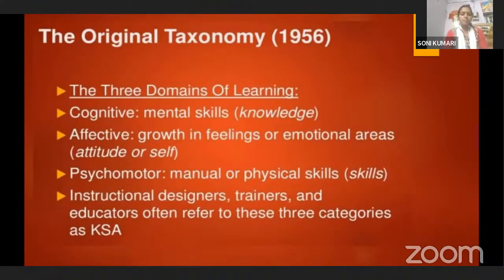Affective means growth in feelings or the emotional area, attitude or self. Psychomotor means manual or physical skills. Instructional designers, trainers, and educators often refer to these three categories as KSA. It means all three domains are important for the educator to know: the cognitive, affective, and psychomotor.